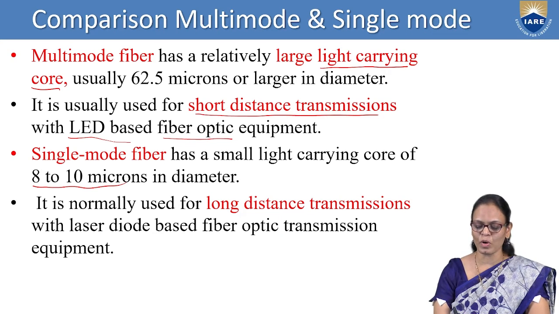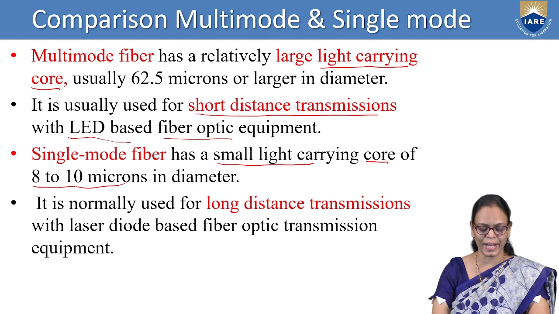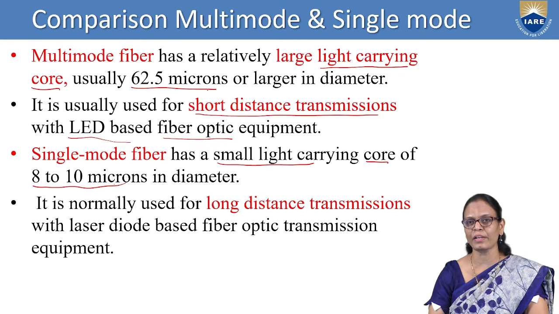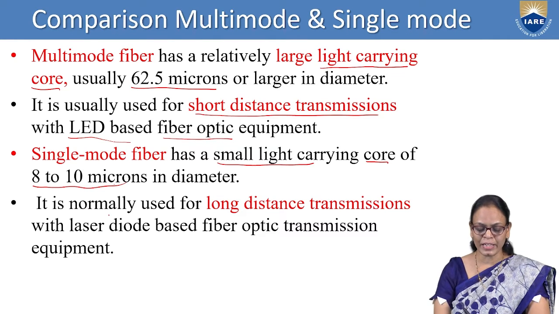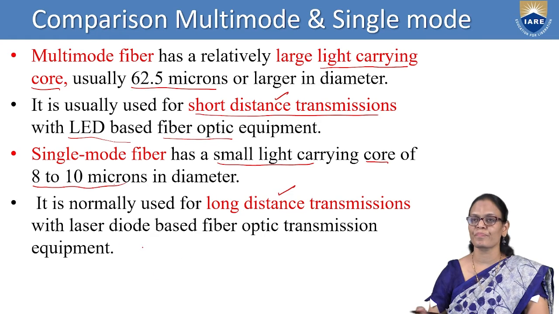In multimode, it has large light carrying capacity. Here it is small light carrying capacity because the diameter of the core is small, 8 to 10 micron. Here the diameter of the core is 62.5 micron. And multimode is used for short distance transmissions, whereas single mode fiber is used for long distance transmission.